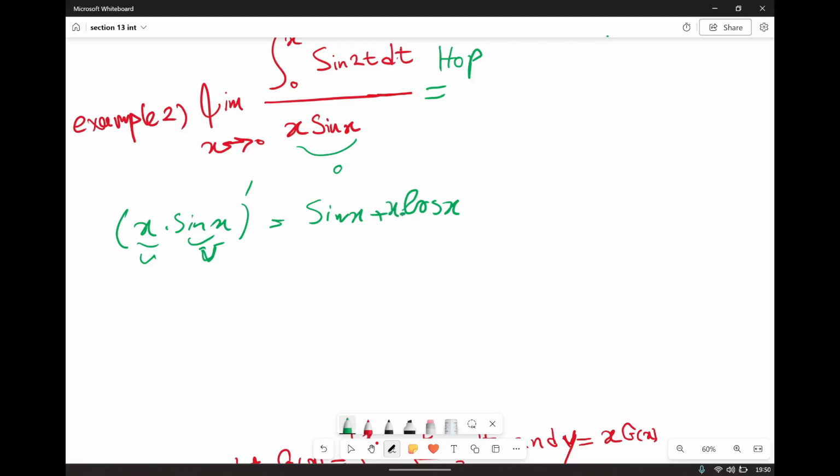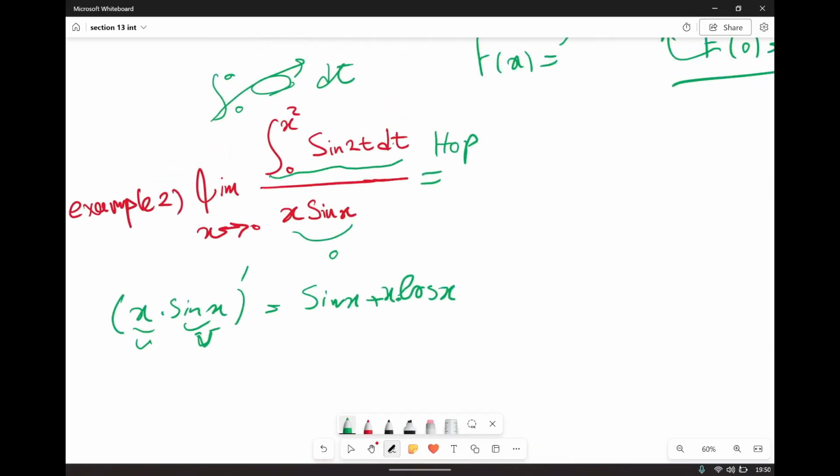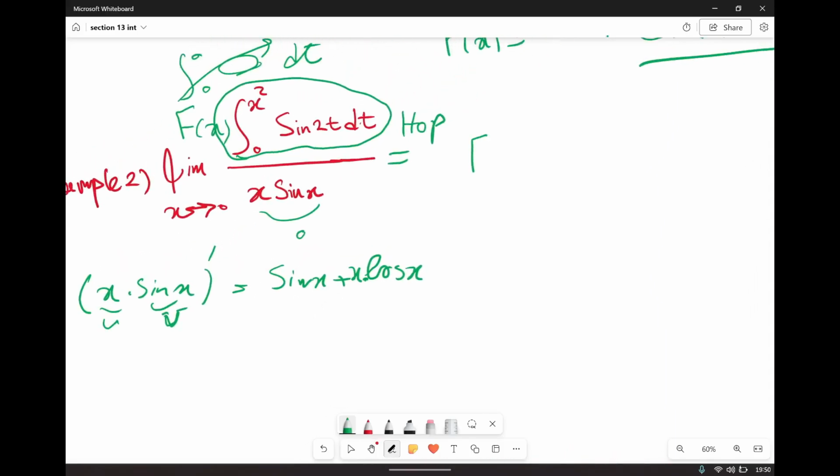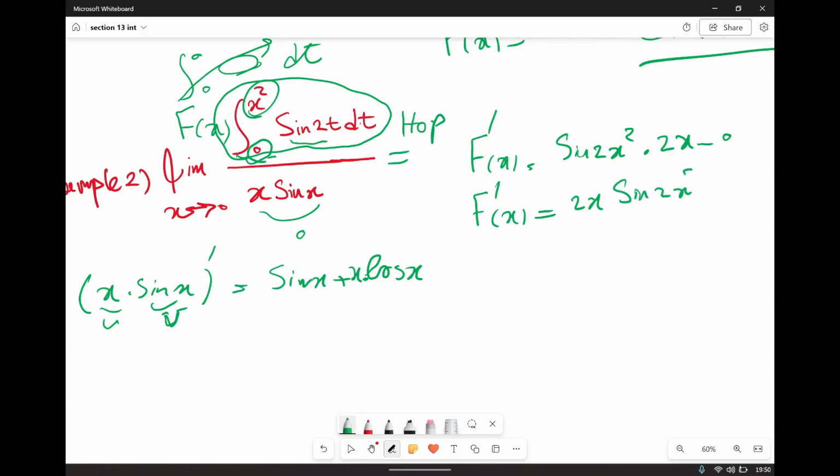What about the top? If I put this as capital F and take the derivative of capital F, it is exactly sine of 2x power 2, whose derivative is times 2x, but the derivative of the lower limit is 0, therefore minus 0. So the derivative of the capital F is 2x sine of 2x power 2.